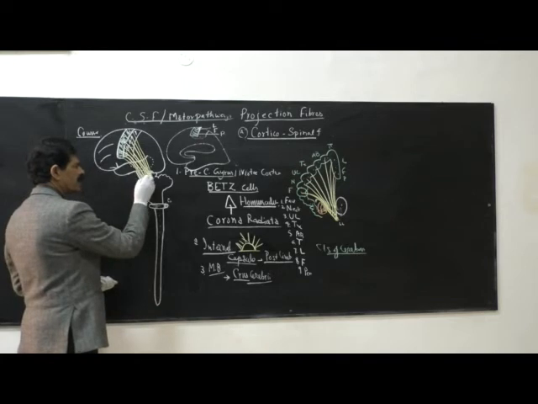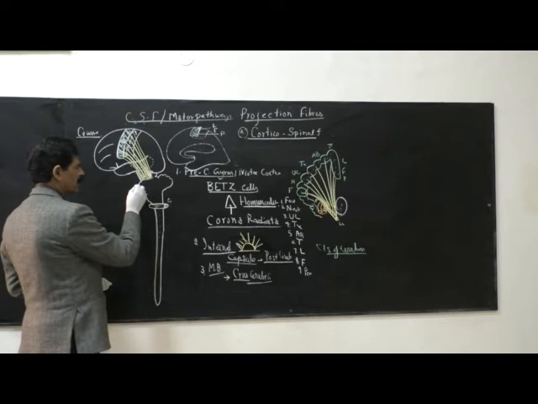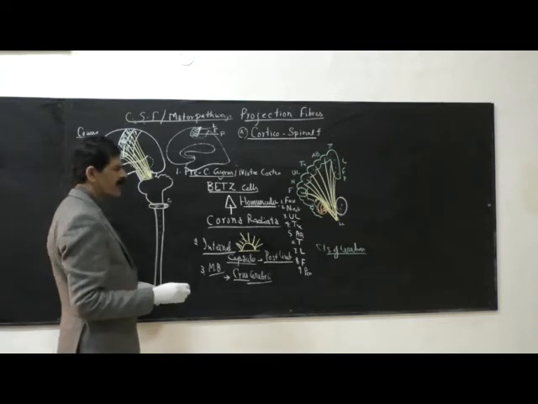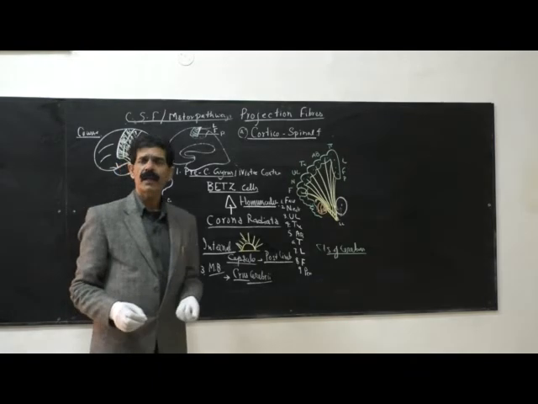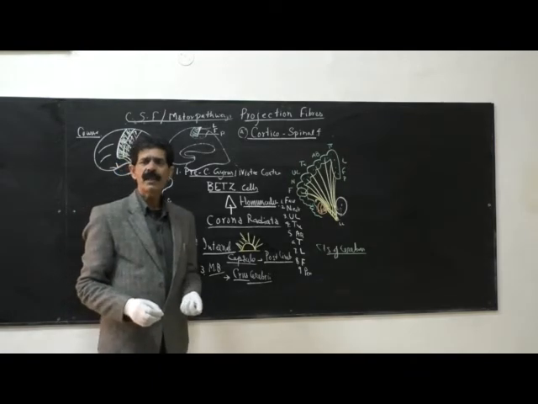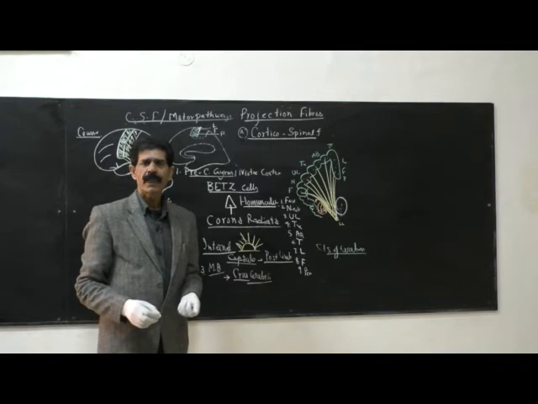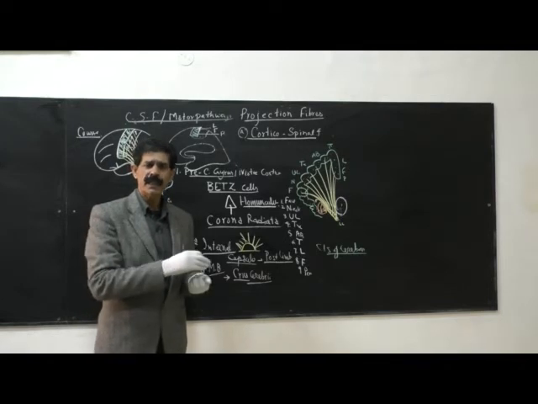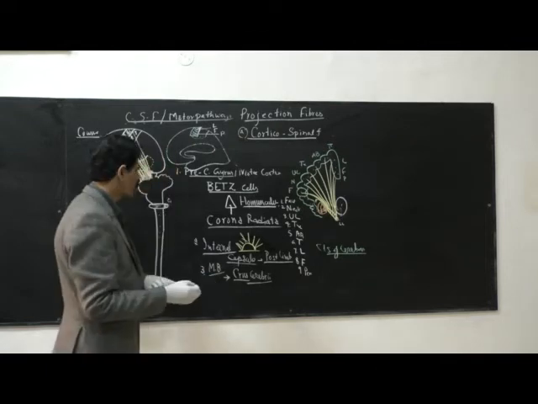It is important to note that the corticospinal fibers are present in the medial two-fifths of the crus cerebri, and the head and neck fibers are lying medially, and the lower limb fibers are lying lateral in position.